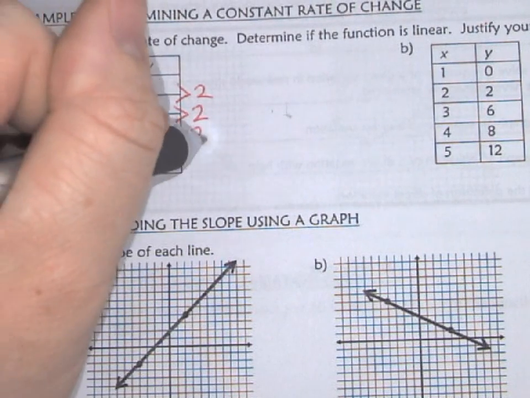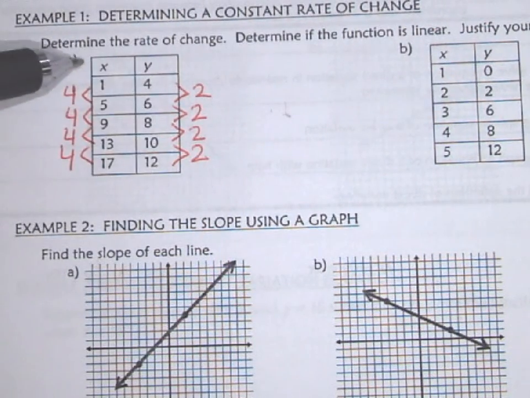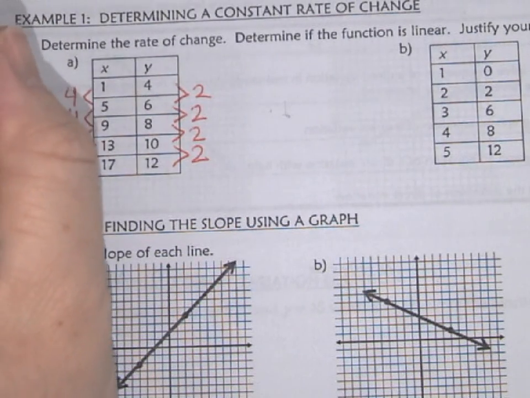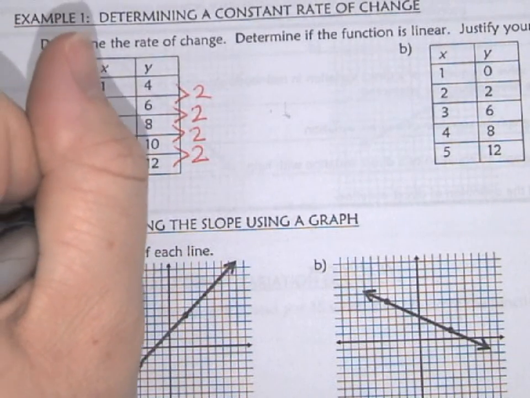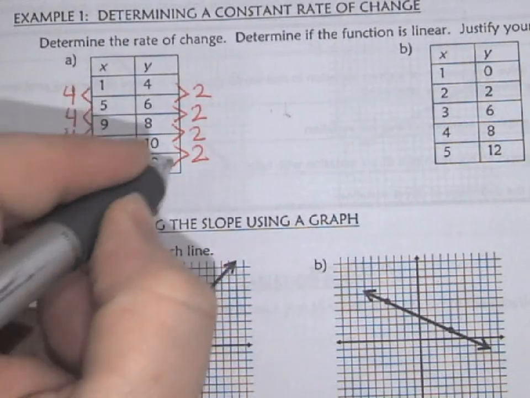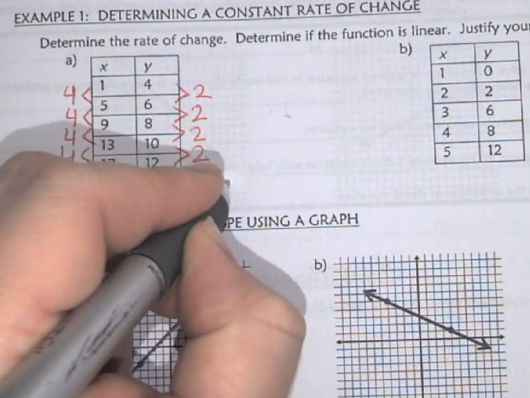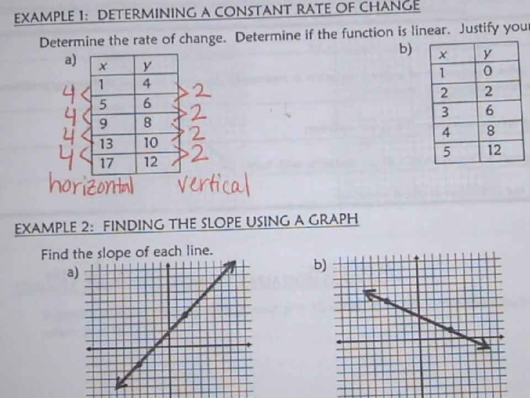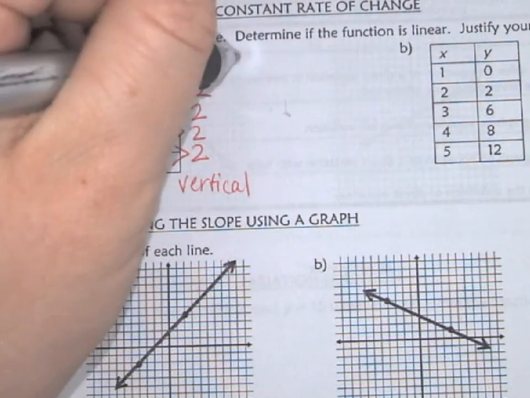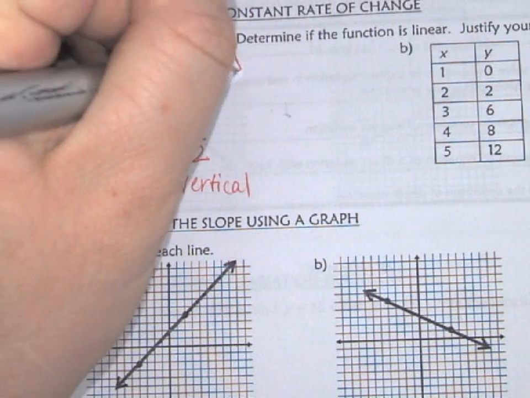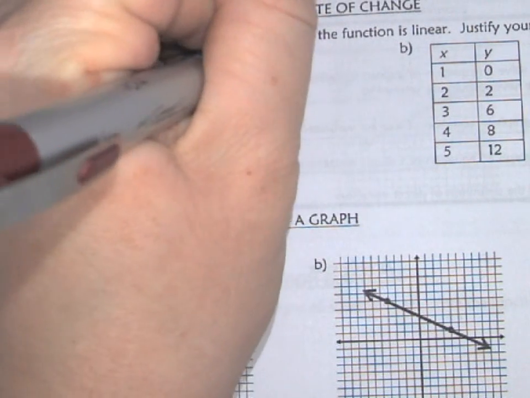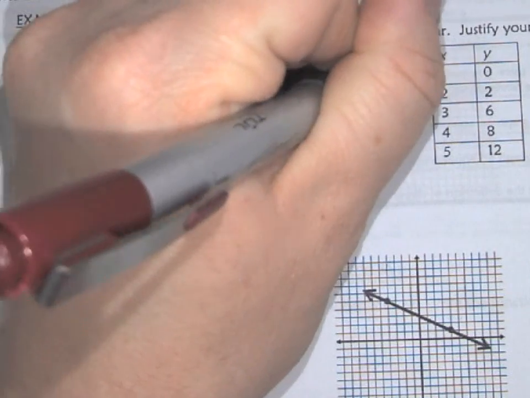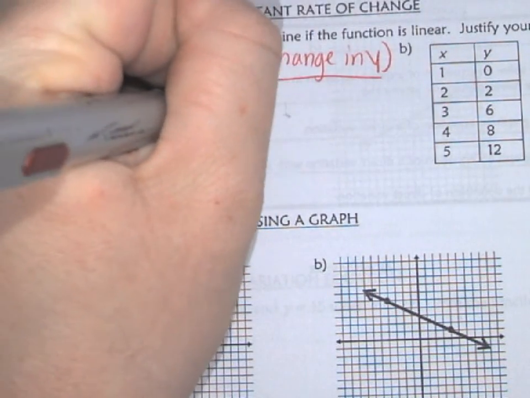So my change here, and the x is our horizontal, right? So this is the horizontal. And then this is the vertical, right? The y is our vertical. So if I'm going to have my vertical change, I can say change in y over the change in x.